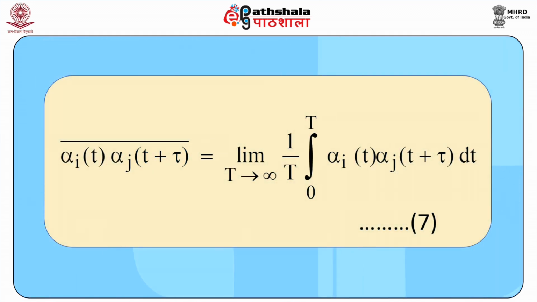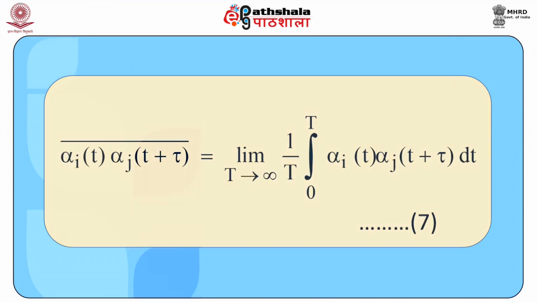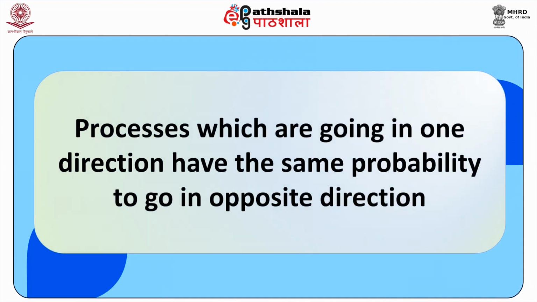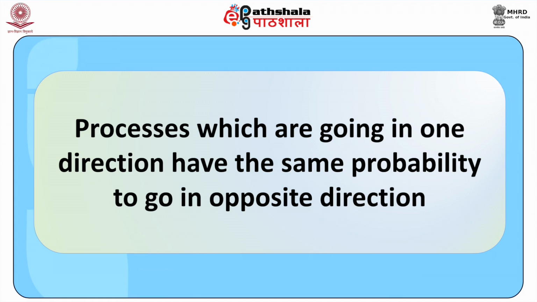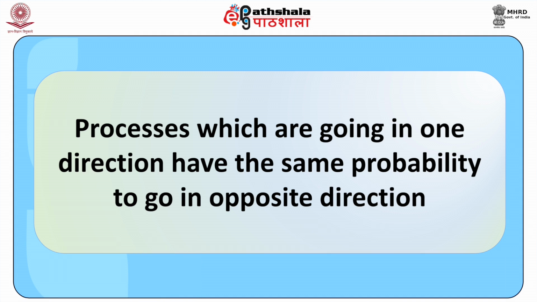That is, the time average is also equal to the ensemble average according to the ergodic theorem. This principle on the microscopic level also states that the processes which are going in one direction have the same probability to go in the opposite direction, or we can say that the arrow of time has no direction in the microscopic realm.